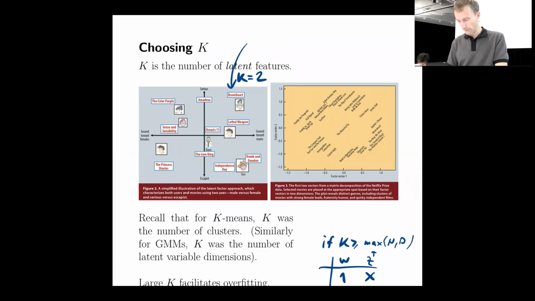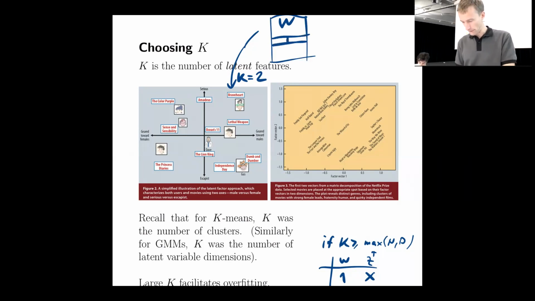actually this movie matrix, so the matrix W. And what I'm showing here is just this one entry. Braveheart is one movie, and that now has 2 entries, right? So K equal 2.